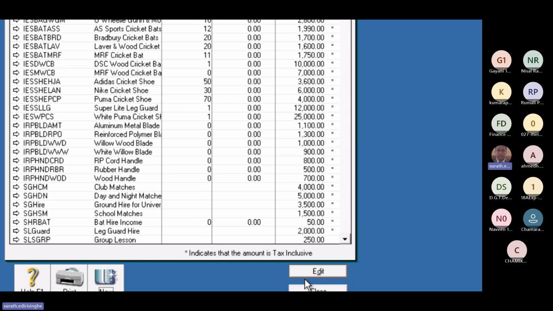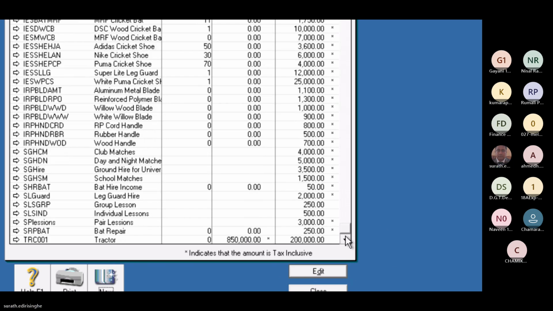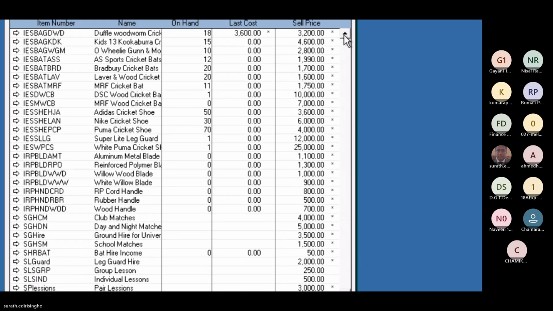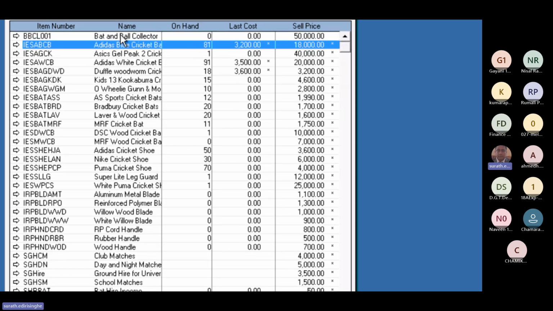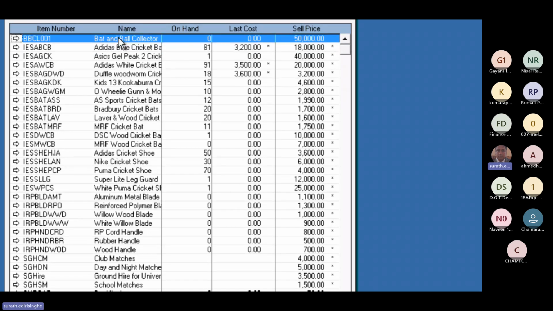Then look at the item is there. Bat and ball collector. Look at the item from here. Bat and ball collector, the first item, BBCA. From the coding, sorted out the item on the coding.